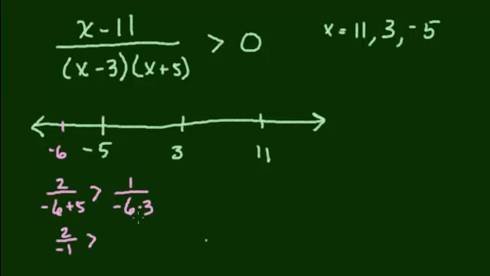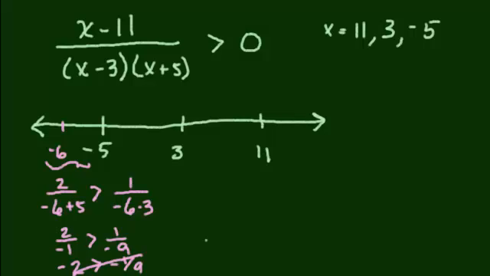Is that greater than 1 over negative 9? So is negative 2 greater than negative 1/9? Nope, negative 1/9 is a little bigger. So this is not true. This section right in through here does not work.